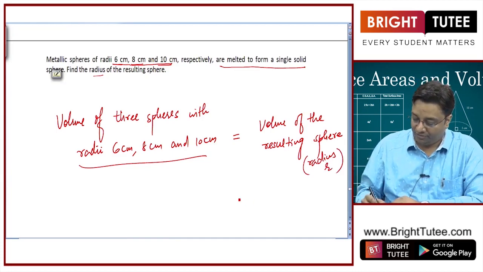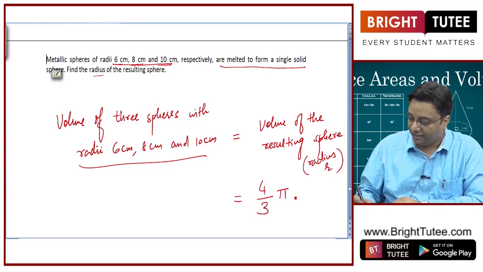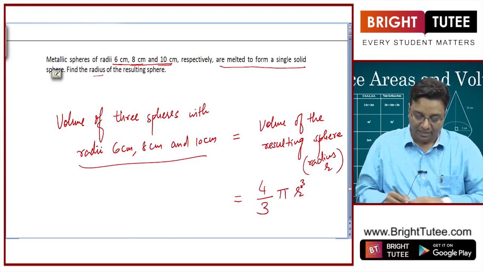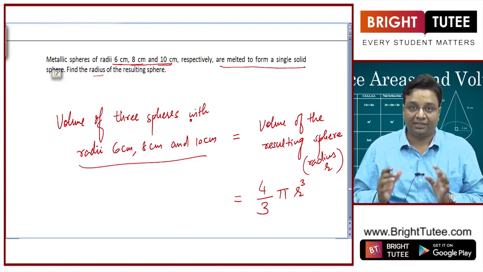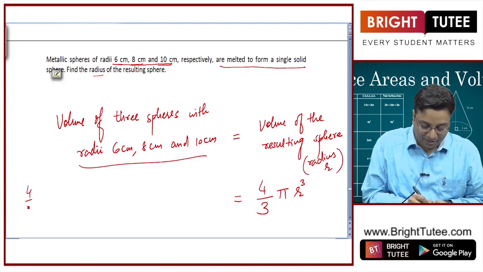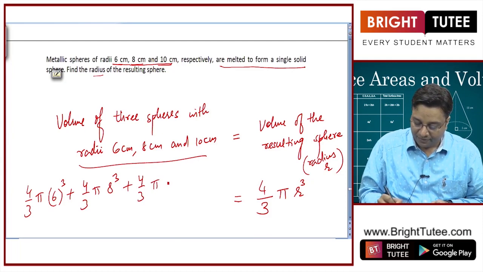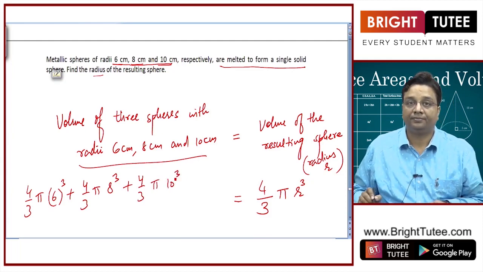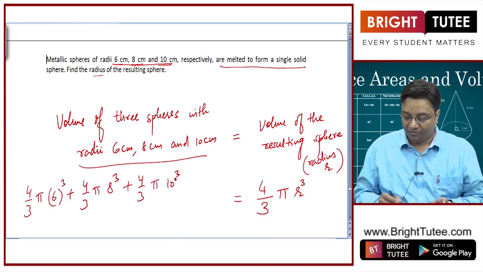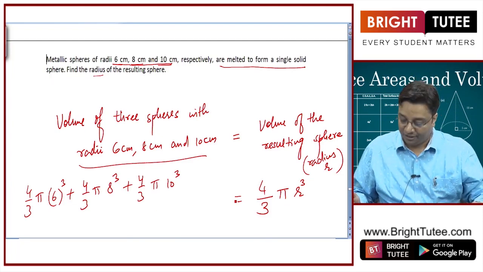So these volumes will remain same. So volume of the resulting sphere is 4 by 3 pi radius cubed, and volume of these 3 spheres collectively is 4 by 3 pi 6 cubed plus 4 by 3 pi 8 cubed, 4 by 3 pi 10 cubed, right? And we need to equate these, and we will find value of r.